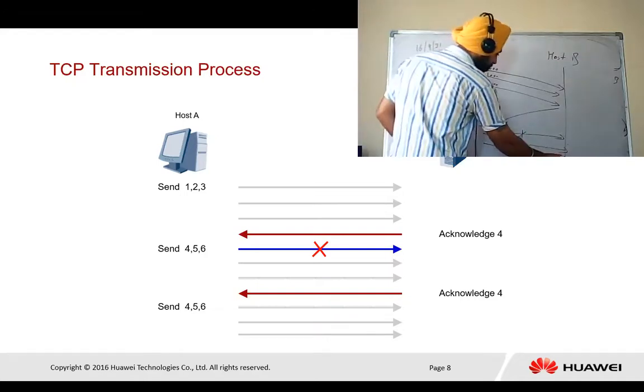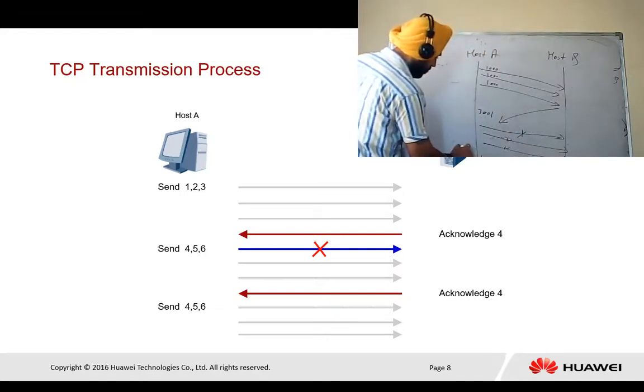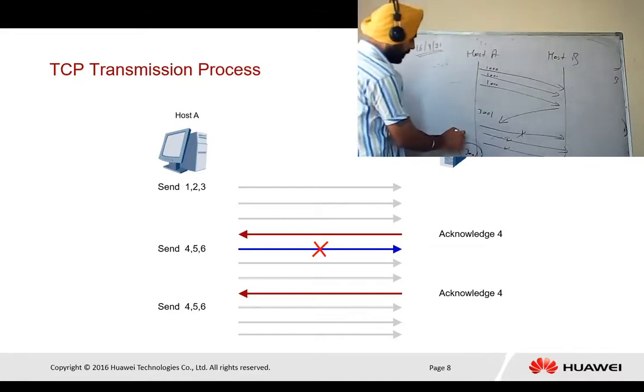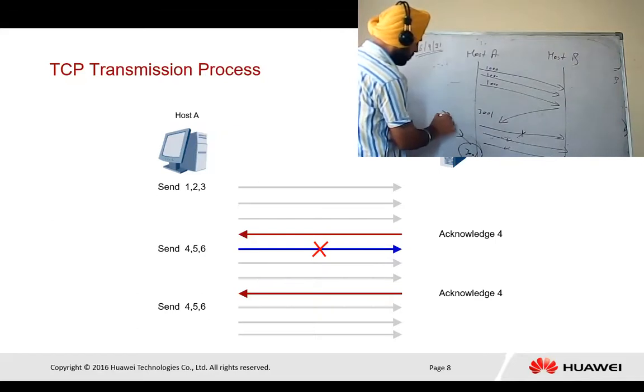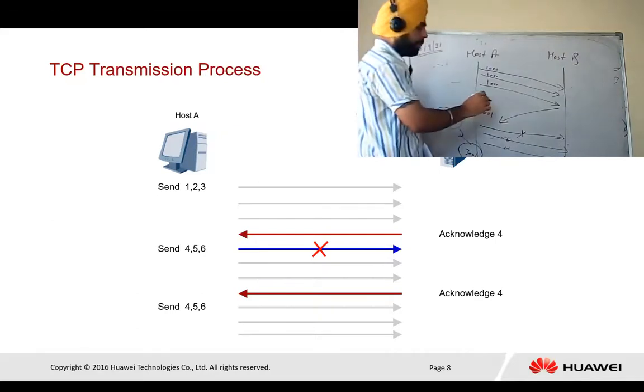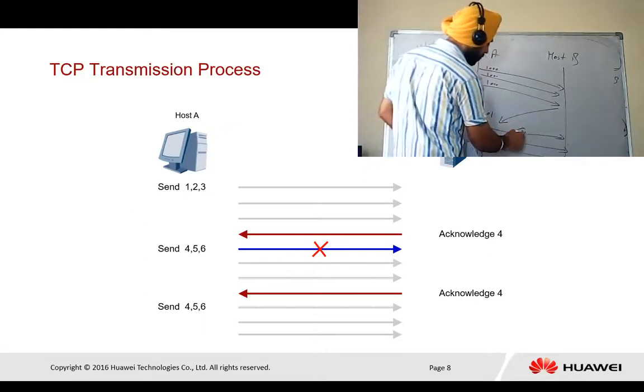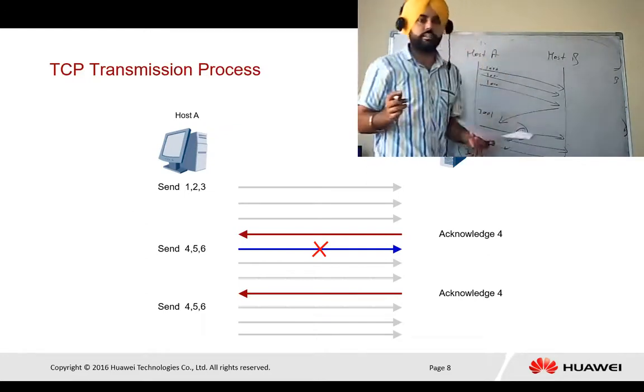It will send 1 acknowledgement for the earlier reference. Why this? Because it shows I have not received 1 packet, because you are sending 3 packets at a time.